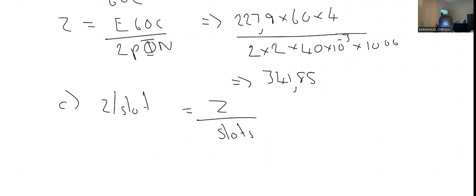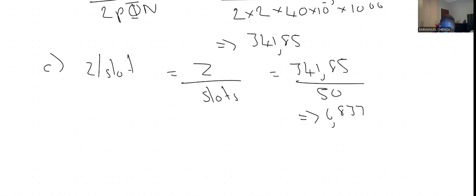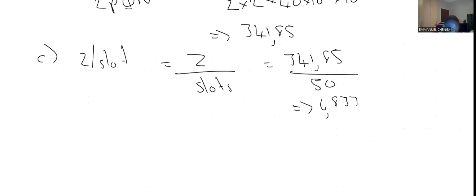The conductors that we have is 341.85 divided by the number of slots, which is 50, and then you get 6.837. For the number of armature conductors per slot, you always round off to the whole number, so it will be 7 conductors per slot.